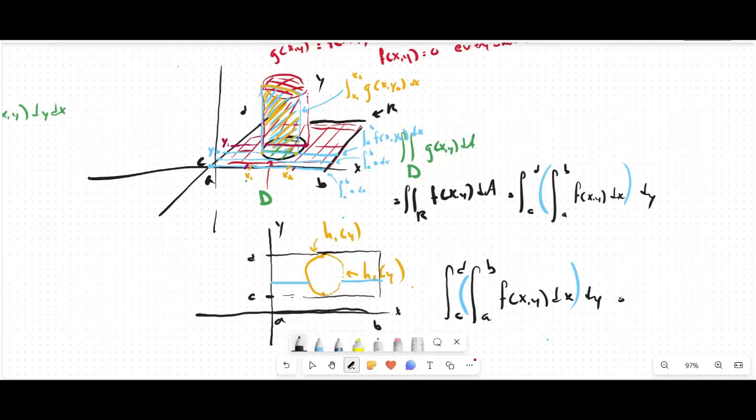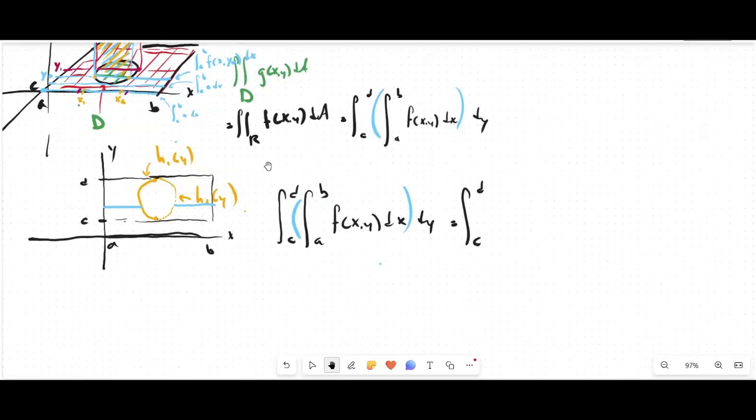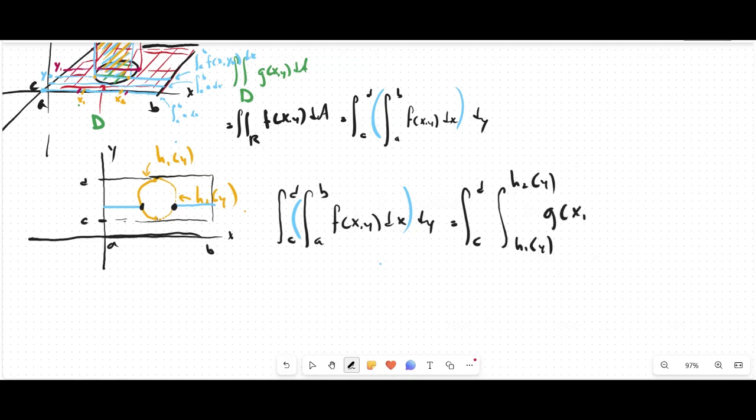We can instead say, look, take all the y values between C and D, but x only needs to go as low as h1 of y and as high as h2 of y. And in this region, we can write g because g actually exists everywhere in there.